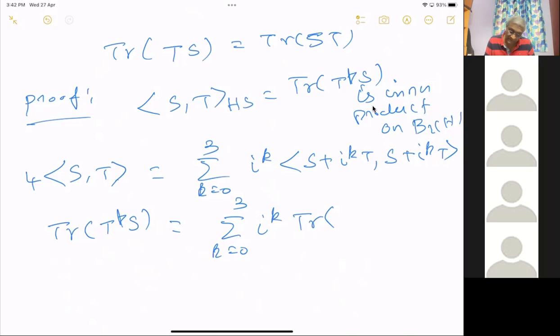Okay, so trace of this. Now the inner product between this: trace of S plus i power k T, and the star should be on this, so T star S plus i power k T, right? i power k.